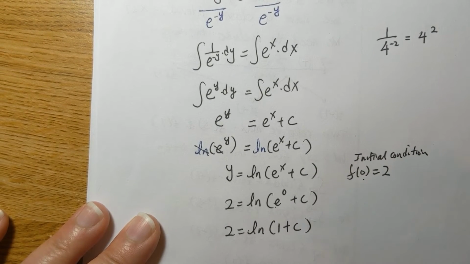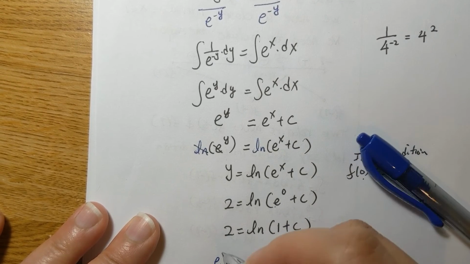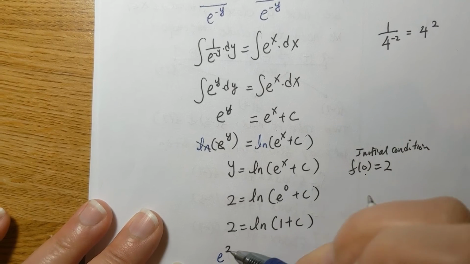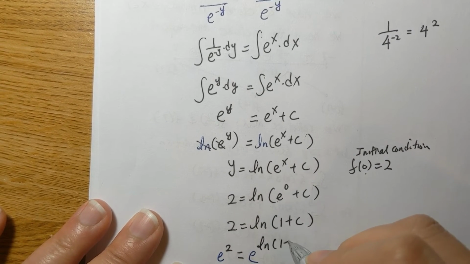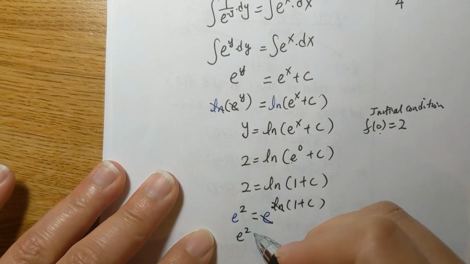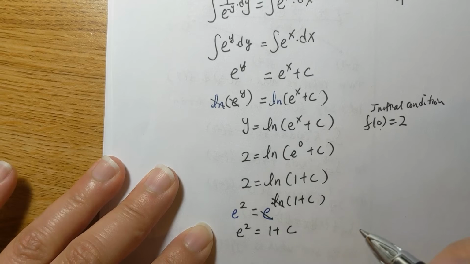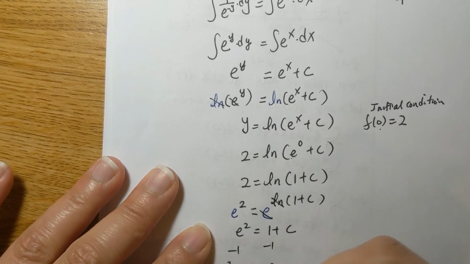And how to undo ln? We use e. So we got e to the 2 equal e to the ln of 1 plus c. So this cancels. So we got e squared equal to 1 plus c, and minus 1. So you got c equal to e squared minus 1.